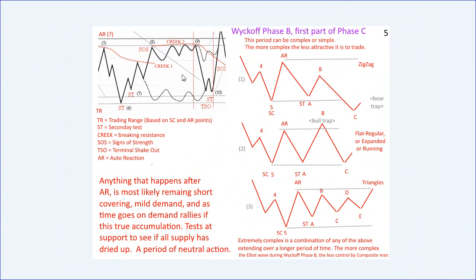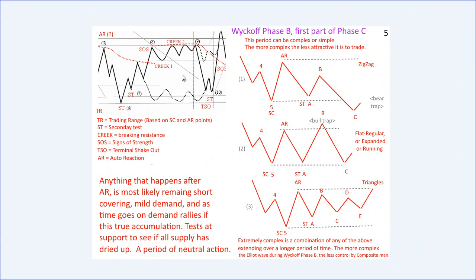Accumulation rallies will start on the left hand side of the pattern. It'll probably be a downswing because the volume of supply is overcoming demand, but as time goes on in phase B, eventually you're going to have to start hitting the bids. You're going to see some sort of price action rally. Okay?